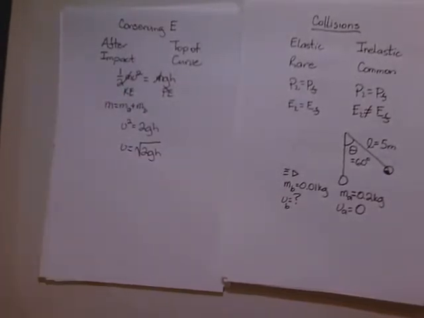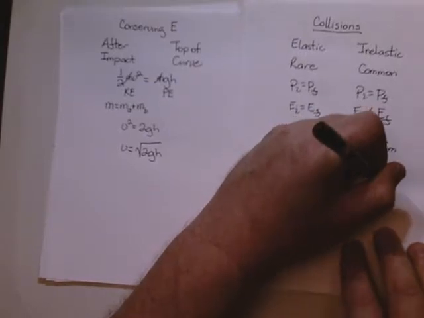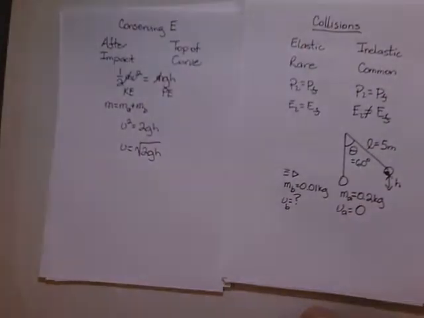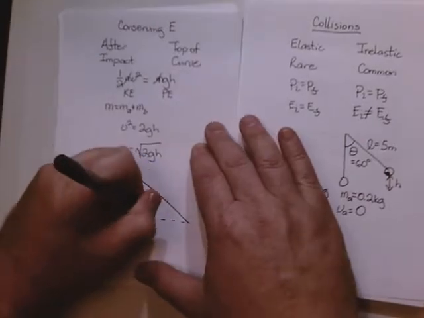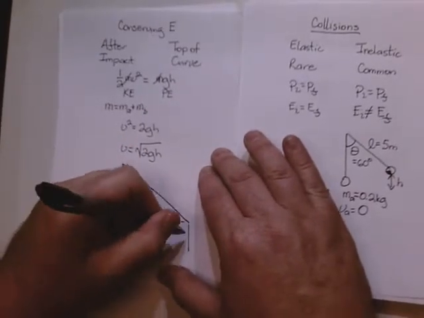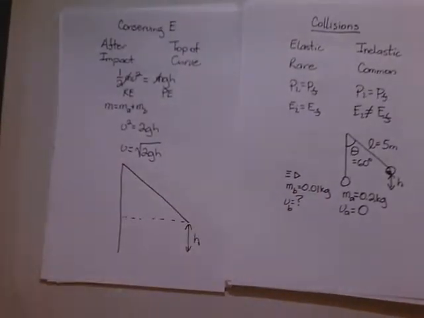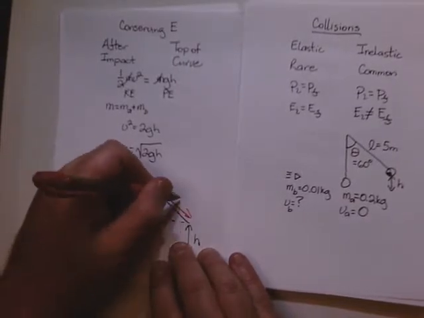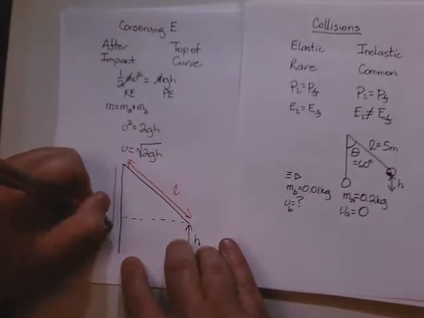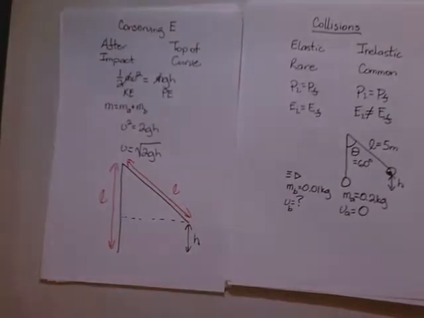And now we're going to have to do just a little bit of geometry to explain what h is. That right there is h. That length there, which is L, is the same as that length there, which is L. That's the string, that's the arm.